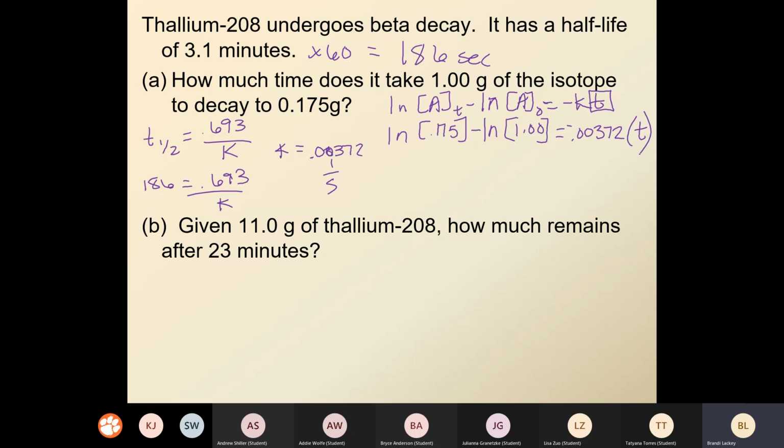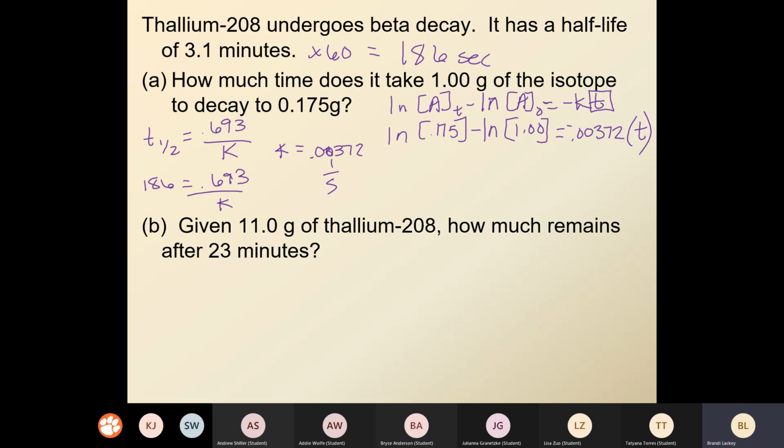To solve for time, you can actually type in natural log, and it does open a parentheses for you. So do natural log of 0.175, close parentheses, minus natural log of 1.